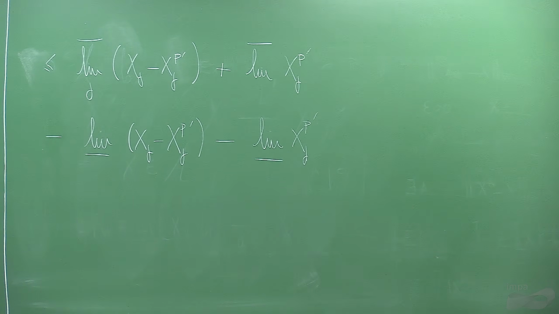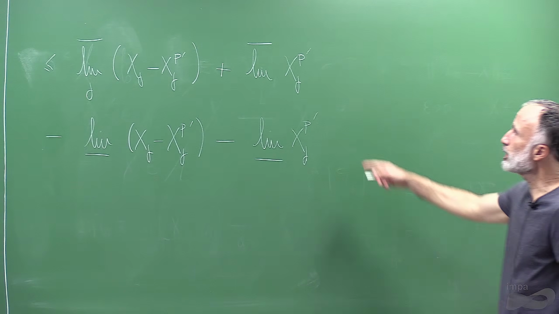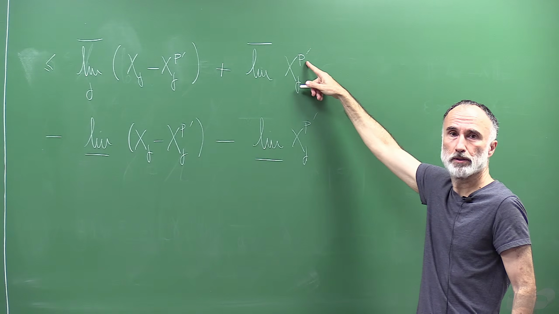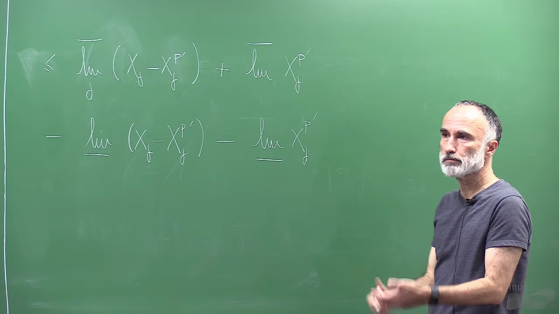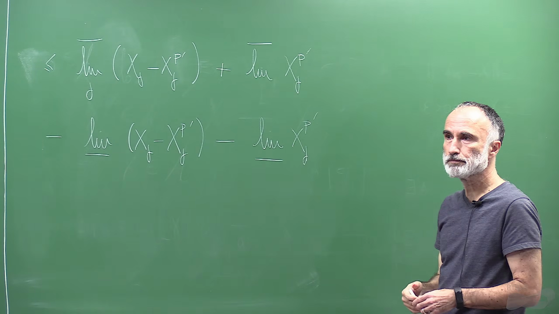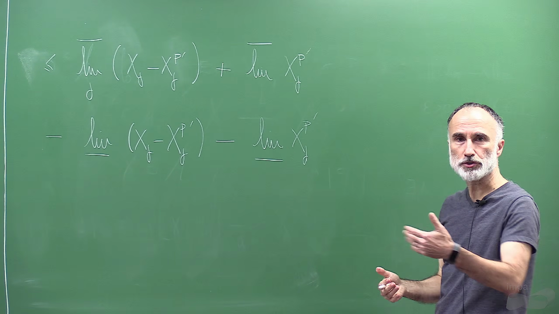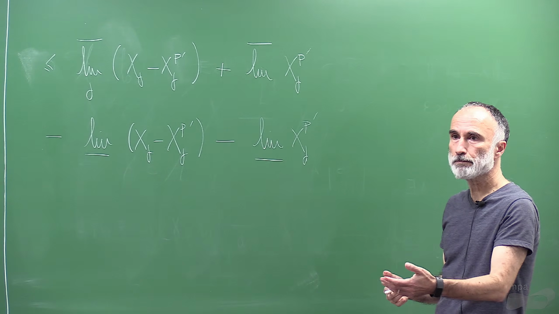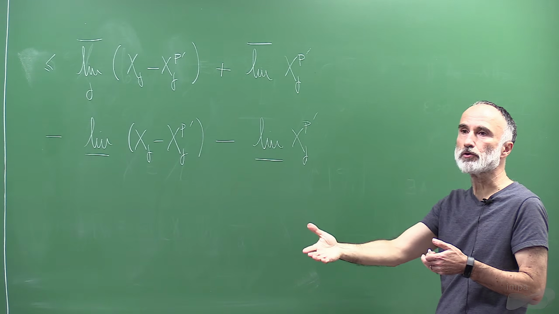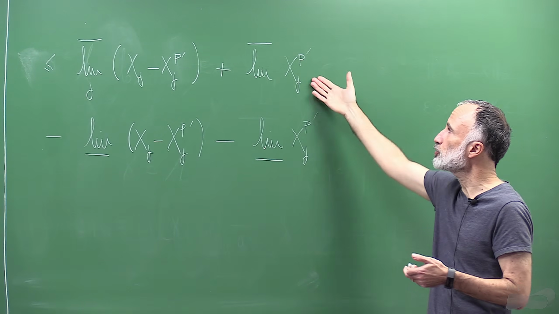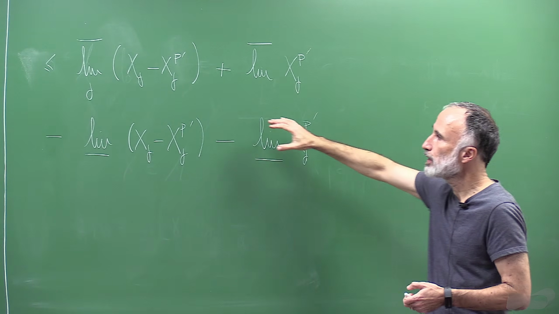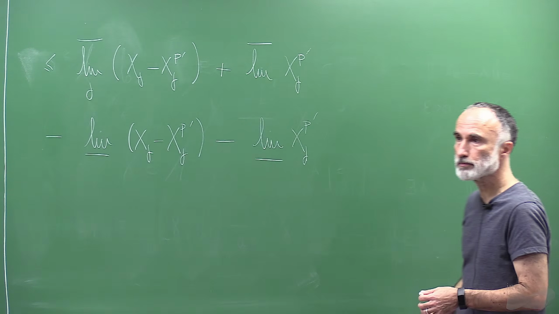These two quantities are equal because x_p belongs to my set A. I started from x_p, the family in A, which was converging to x in L1. So for each p, I know that the martingale converges almost surely. So the limit sup is equal to the limit inf. So these two cancel, and what remains are these two.